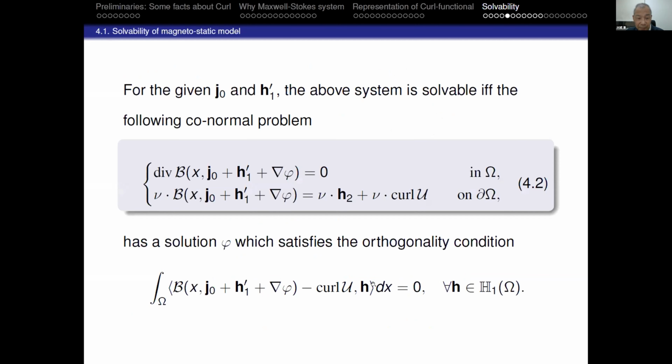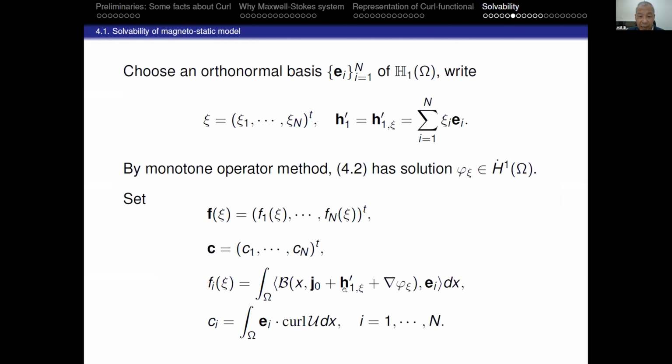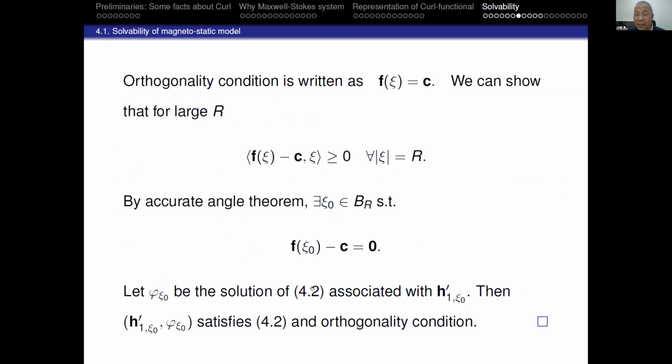So you assume that you choose a basis in this H1 and you run this equation. Actually, you run n equations. You choose H from the basis. Okay. Then you define the F and xi. So you solve the equation of finite unknowns, and it can be written as a map in finite dimensional space.